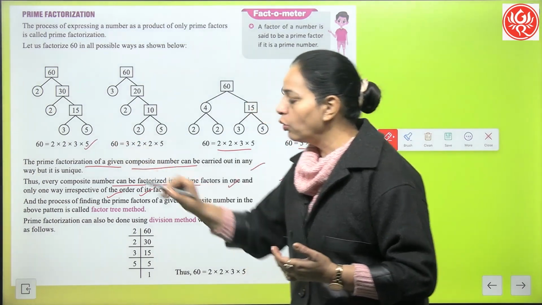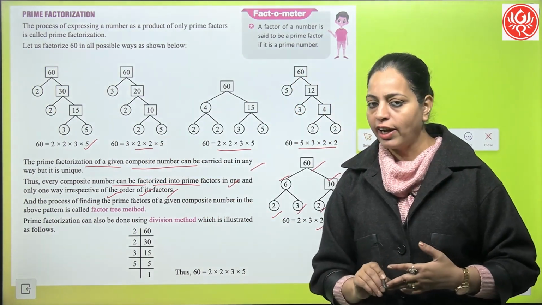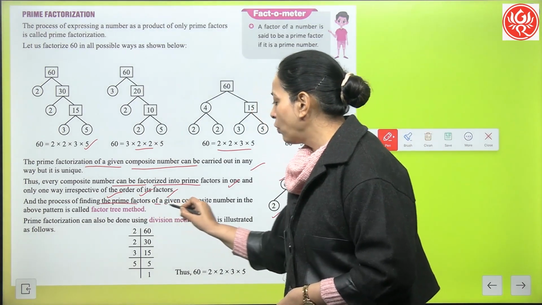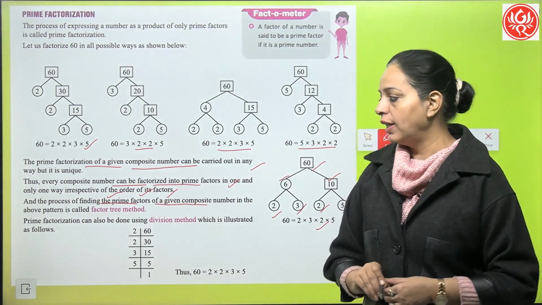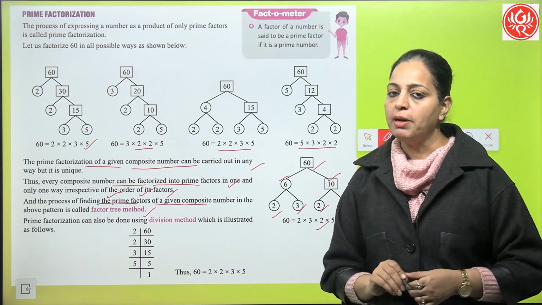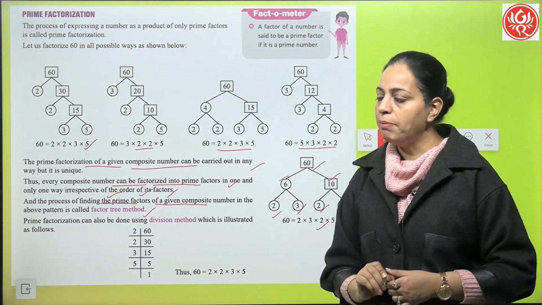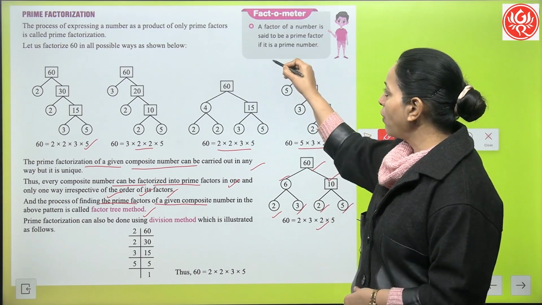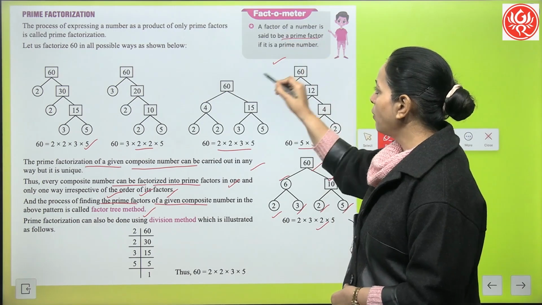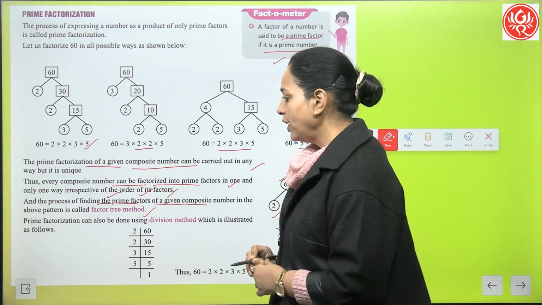Here also 2 into 2 into 3 into 5, right? So the process of finding the prime factors of a given composite number in the above pattern is called the factor tree method. तो इसको हम क्या बोलेंगे? Factor tree method, right? A factor of a number is said to be a prime factor if it is a prime number, right?